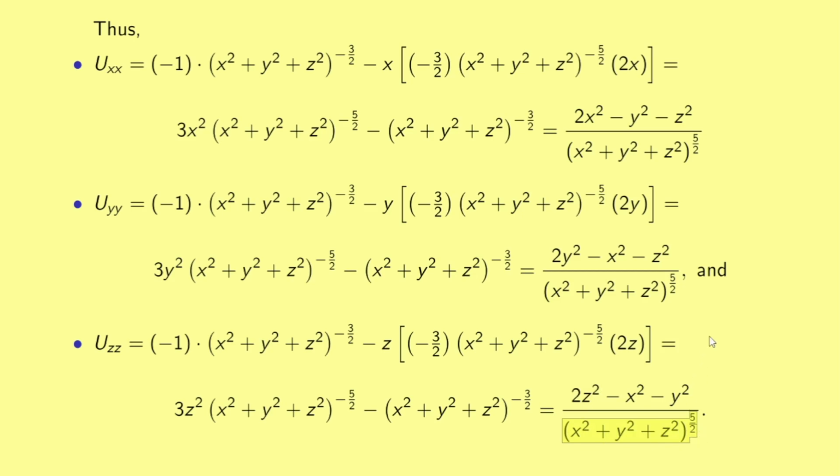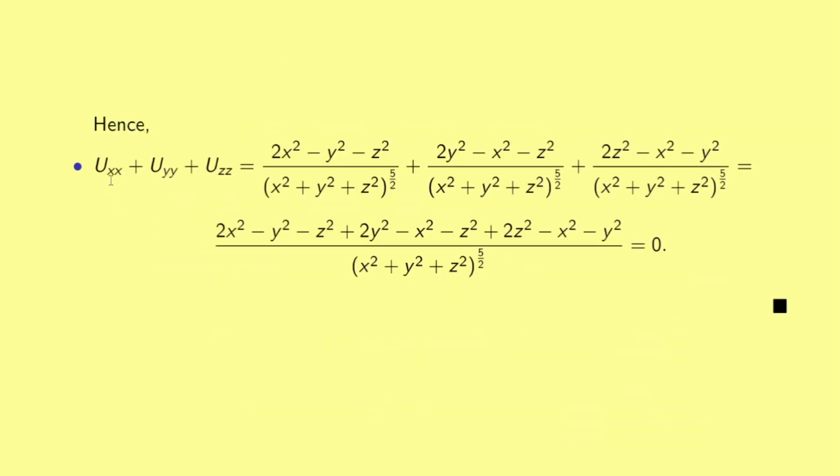Now all I need to do is add these expressions up and see that in the end they all add up to 0. I add the expressions up, and since they are over the same denominator, I get this big numerator here. Now I just observe that this 2x squared cancels out with this minus x squared and this minus x squared here.